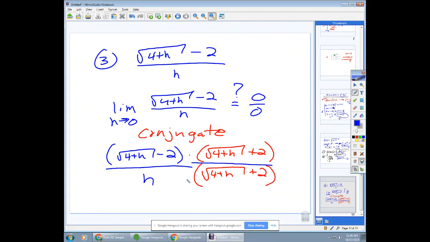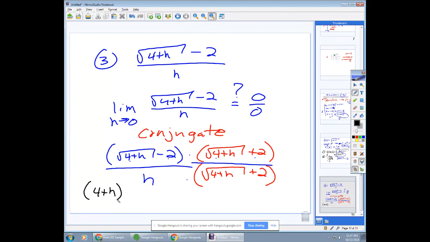Whenever you're playing with rational expressions like this, my recommendation is leave the denominator in factored form. Don't carry out this multiplication, but you've got to do the top. You always have to do the numerator. So I have to distribute, but this is going to be the difference of 2 squares. So I get the square root times itself, which is just the inside, 4 plus h.